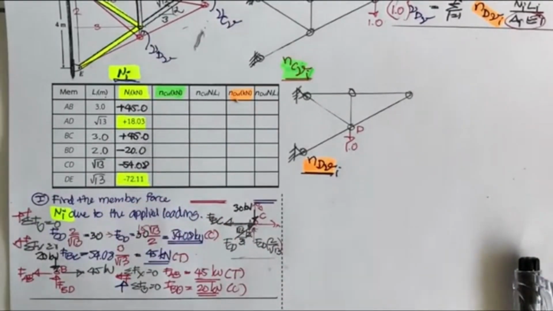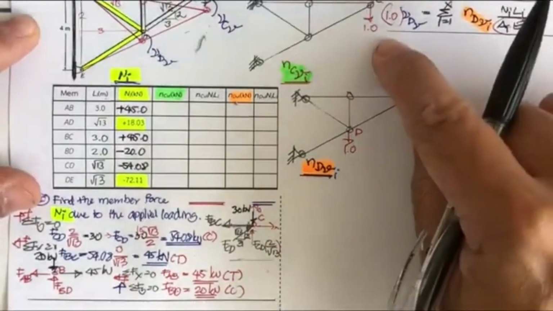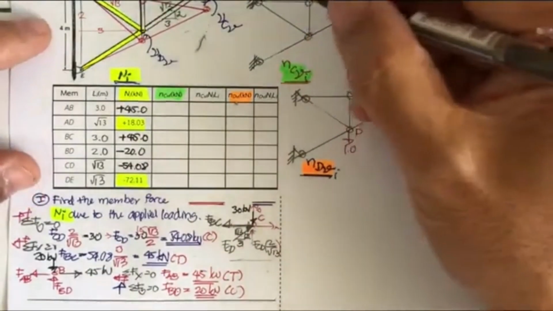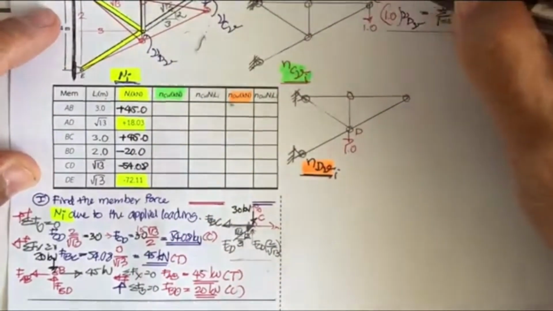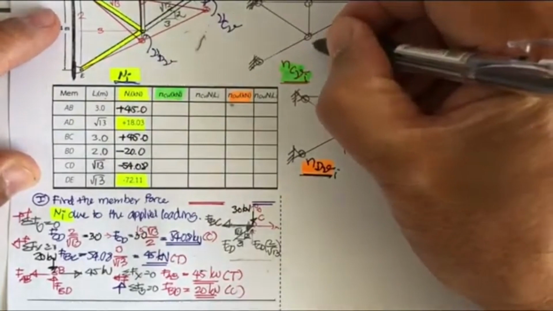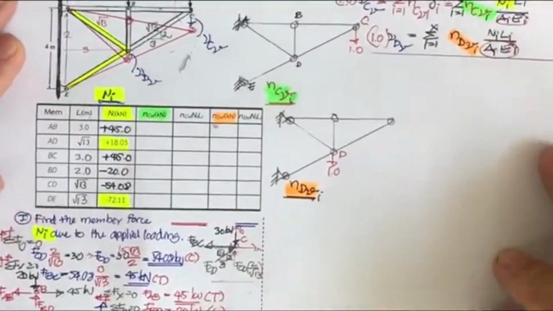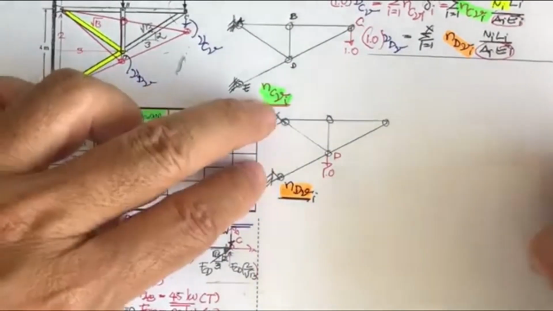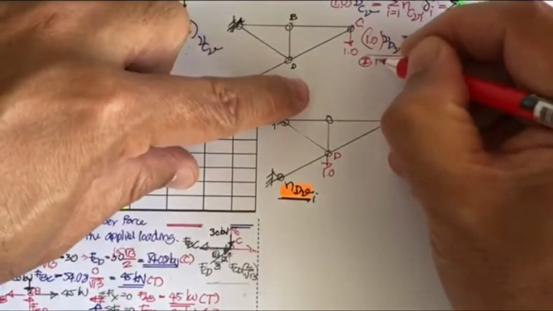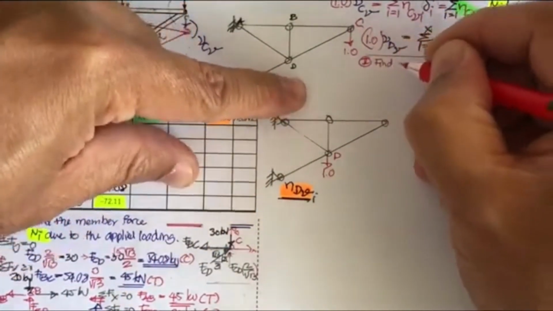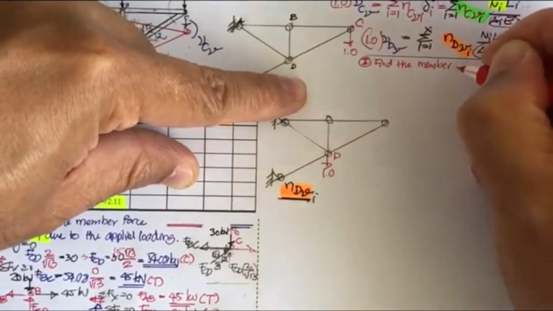Next step, later we move a little bit further to here, and this is going to be A, B, C, D, and E. Now, next, let us determine the member forces.